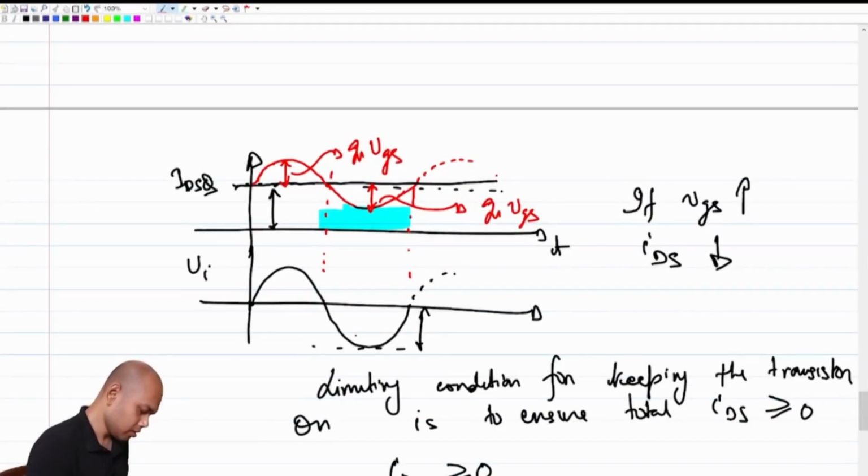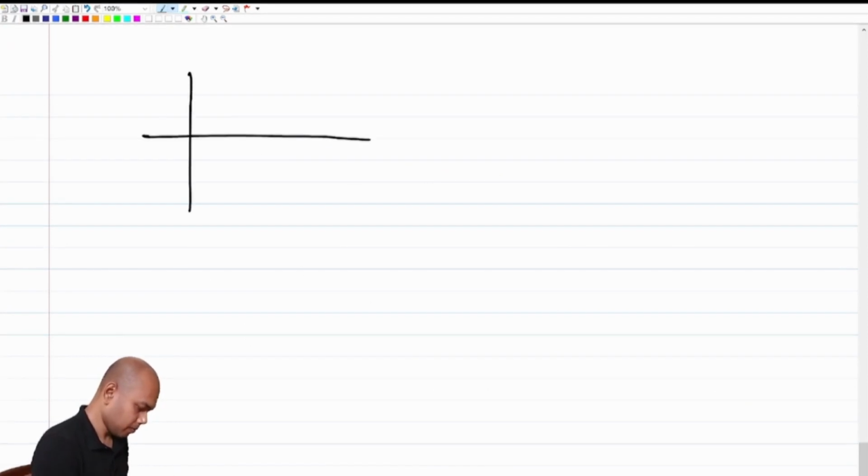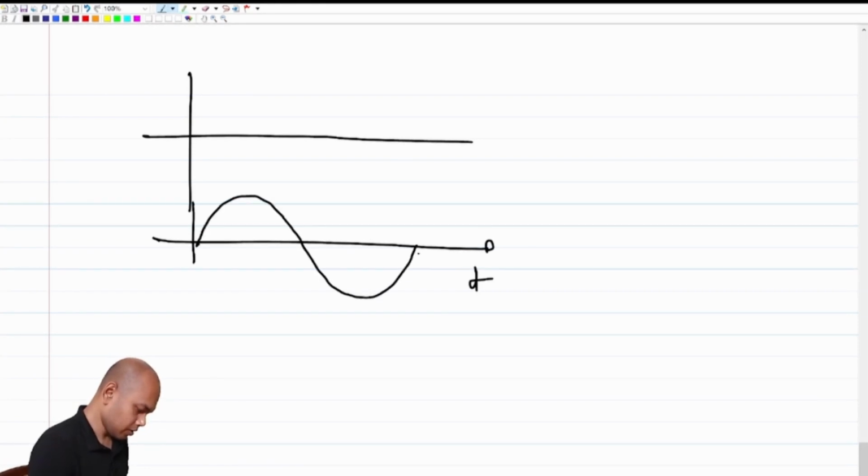Okay. Let me sketch it on a different page. So this is the input voltage, this is VI, say this is the total current, so this is IDSQ.